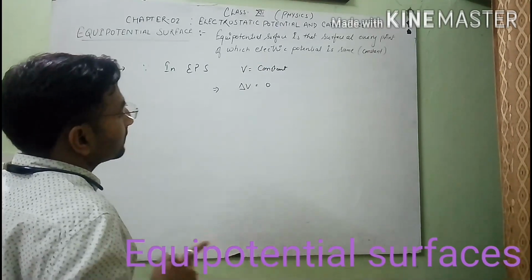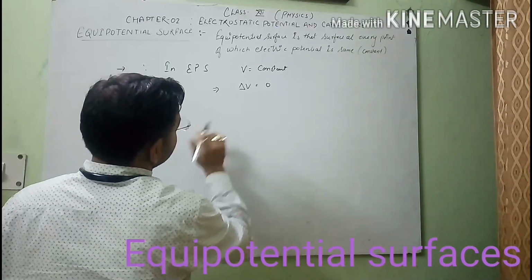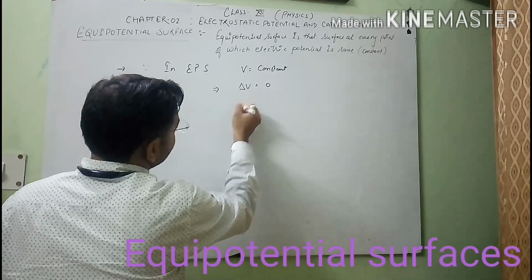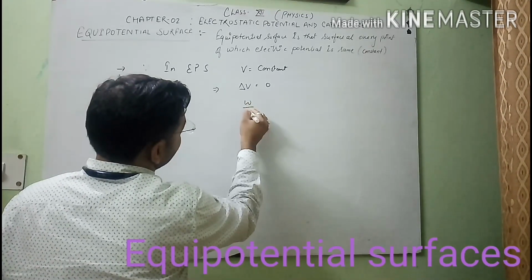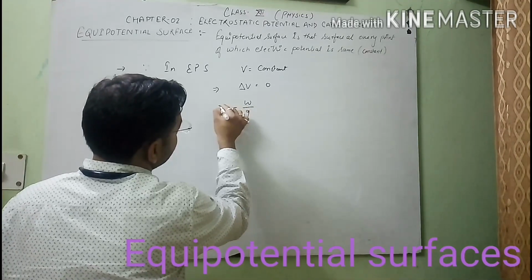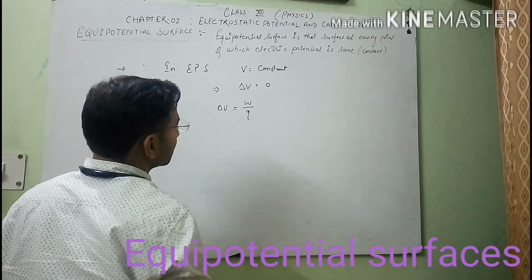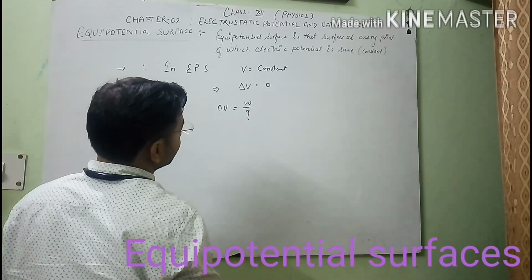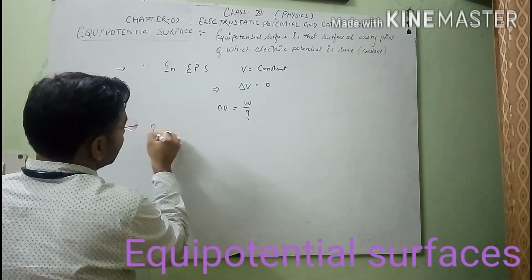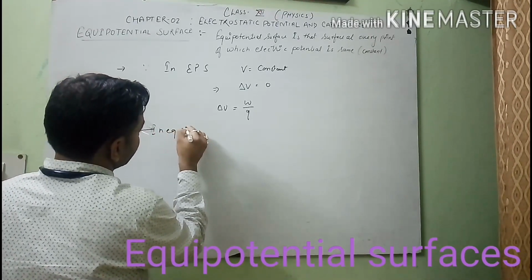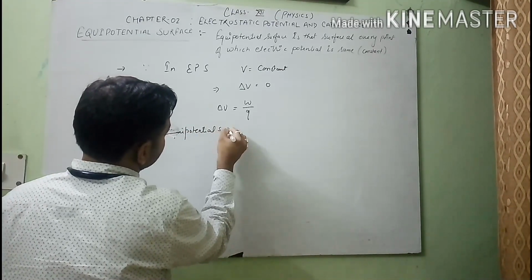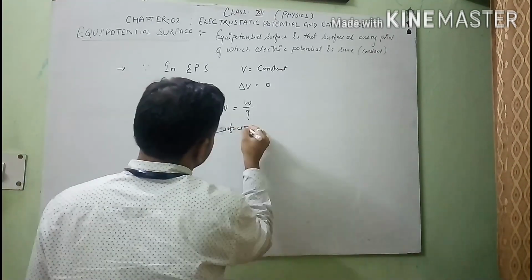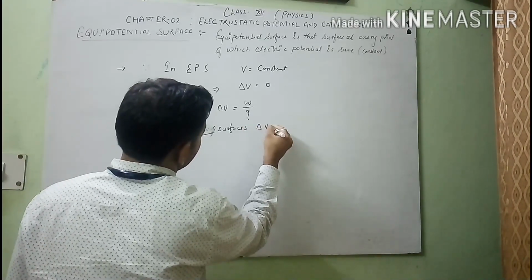When the electric potential difference is zero in an equipotential surface, by using the definition of electric potential difference, we can say that W upon Q is called the electric potential difference, and in equipotential surfaces delta V is equal to 0.